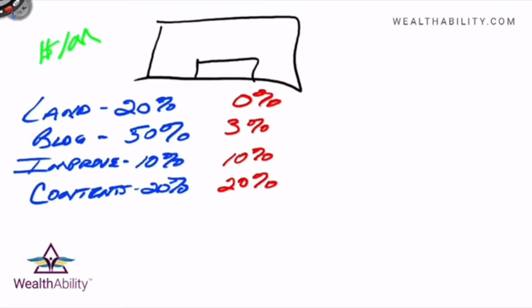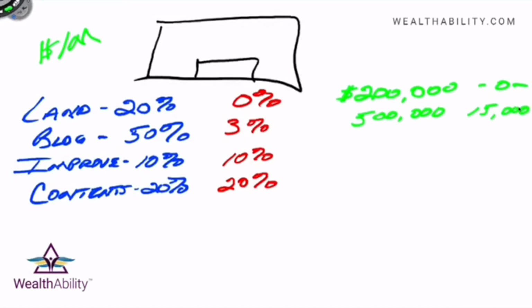So if I look at this $1 million, then this means I have $200,000 that is land, and the depreciation is going to be 0. I'm going to have $500,000 where the depreciation is 3%, so I'm going to have $15,000 of depreciation every year on that building.